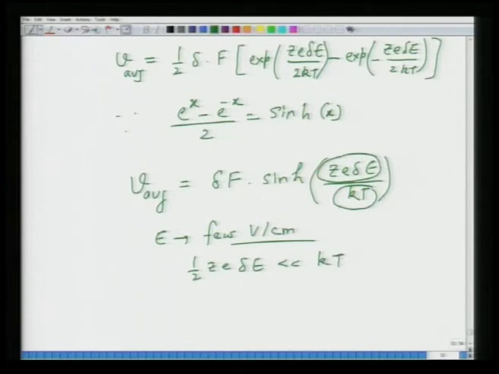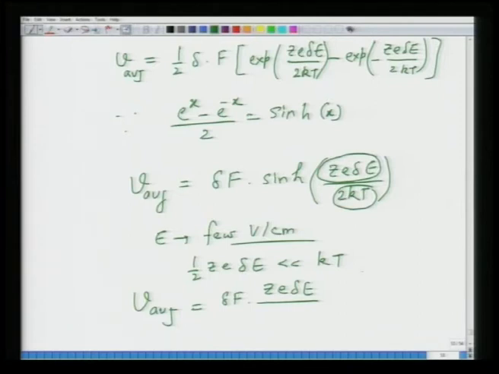So, we can modify this equation and write V average equal to delta F multiplied by Z E delta E divided by, I have missed out 2 here, so this would be 2 KT.